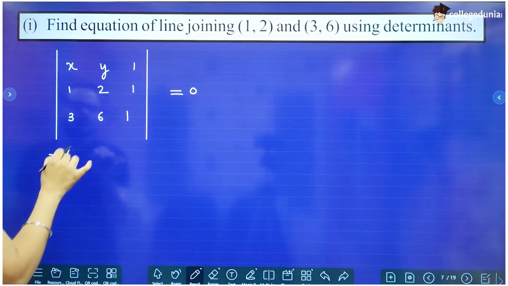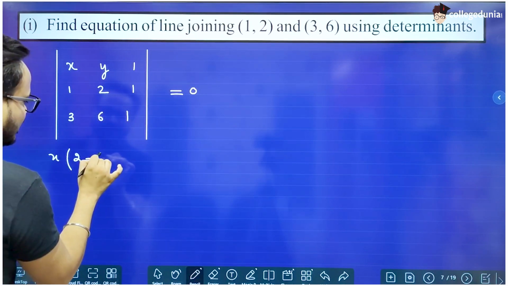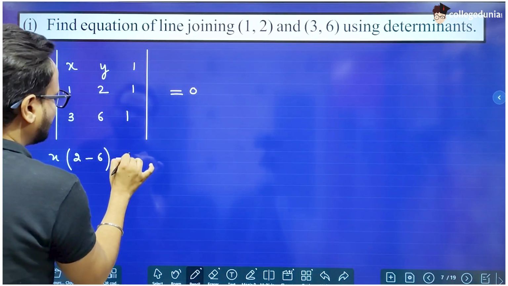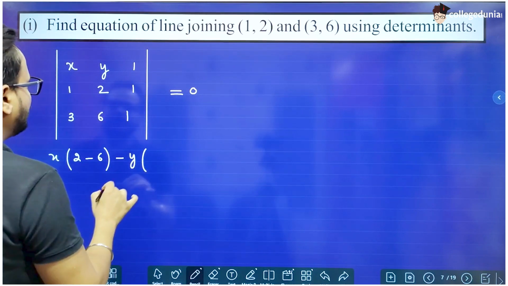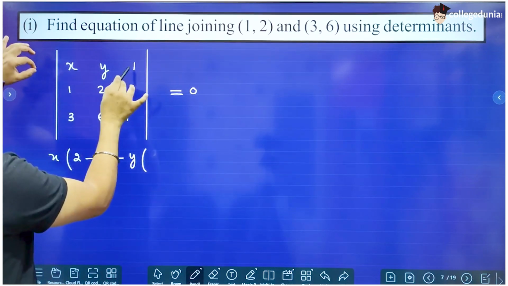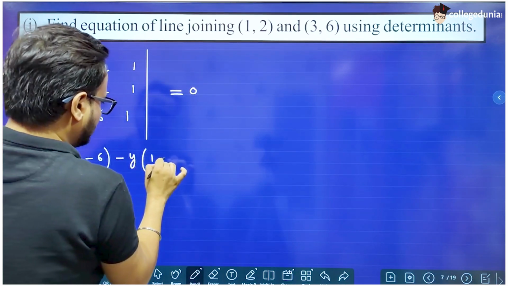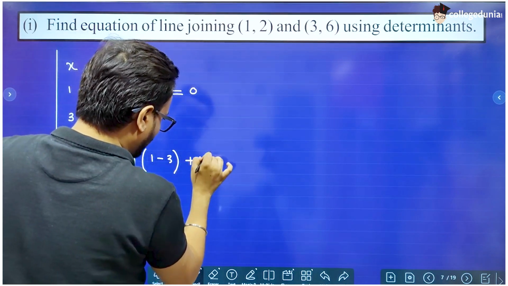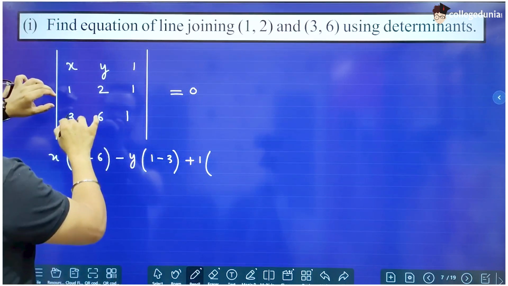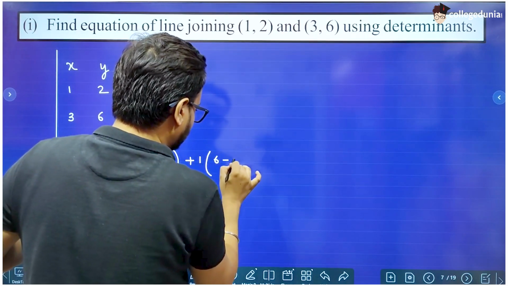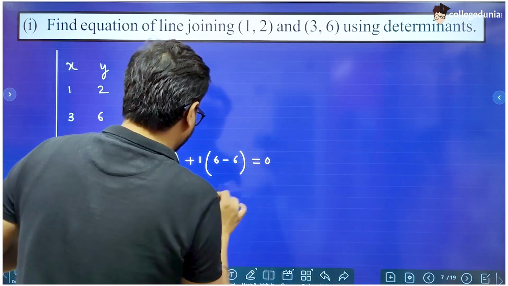X into 2 minus 6, minus y into 1 minus 3, plus 1 into 6 minus 6, equal to 0.